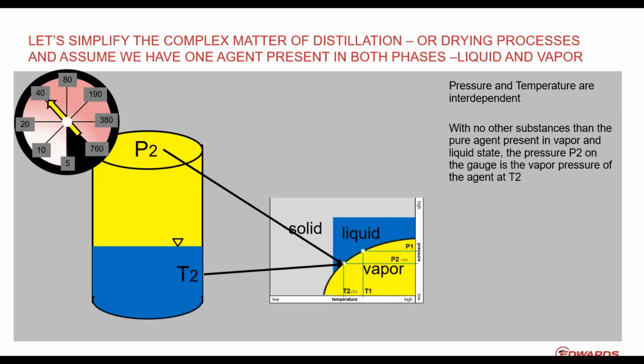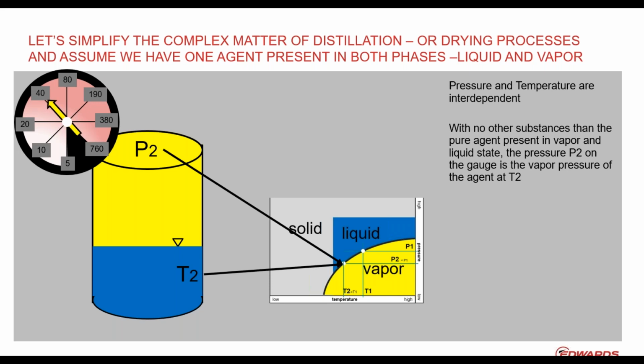So what does that mean? Let's look into a reactor illustrated here on the left side. The reactor has a liquid phase at the temperature T2, which means the vapor phase has a pressure P2. And imagine this reactor is sealed off, with nothing else in it than one single agent, let's say water, in liquid state and gas state.